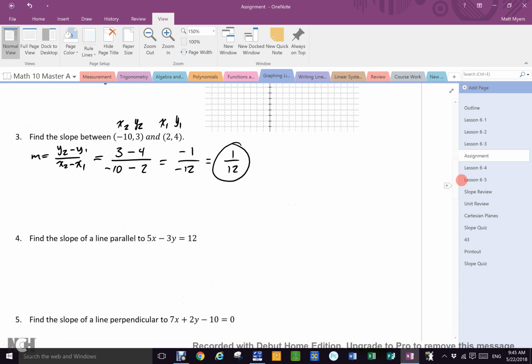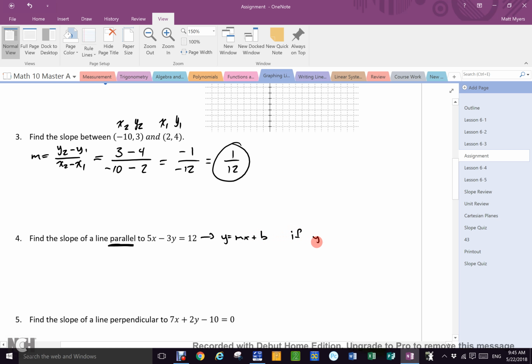Number 4. I need the slope of a line parallel to this. If the line is parallel, what is its slope? The same. What is this line's slope? How will you find it? Make it y equals mx plus b.